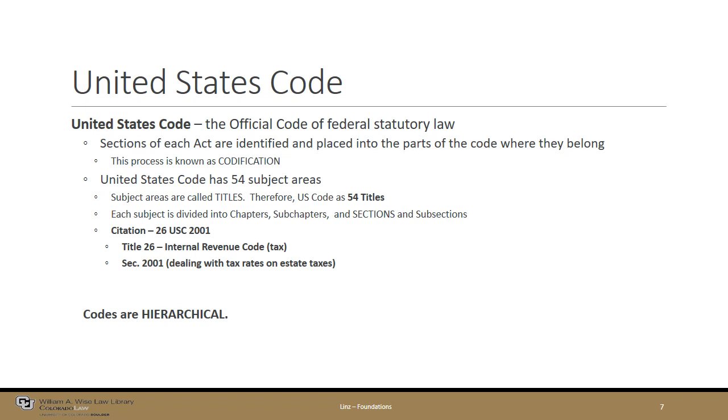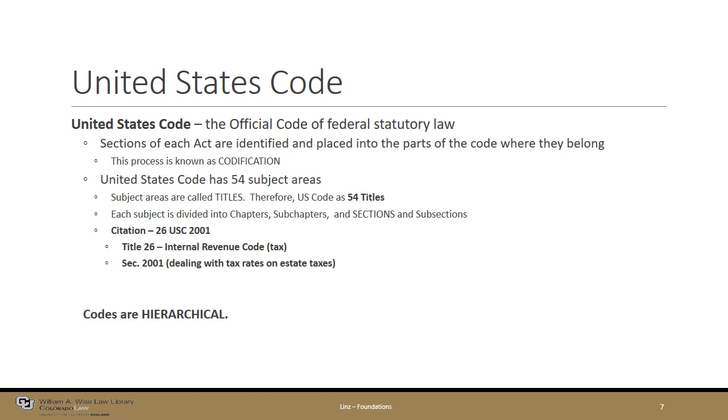Each of those titles, though, is divided into chapters and subchapters, sections and subsections. So a citation to the United States Code might look like this: 26 U.S.C. 2001. That's to say, that citation is to Title 26, which happens to be the Internal Revenue Code, the tax code, and it happens to be Section 2001, which deals with tax rates on estate taxes.